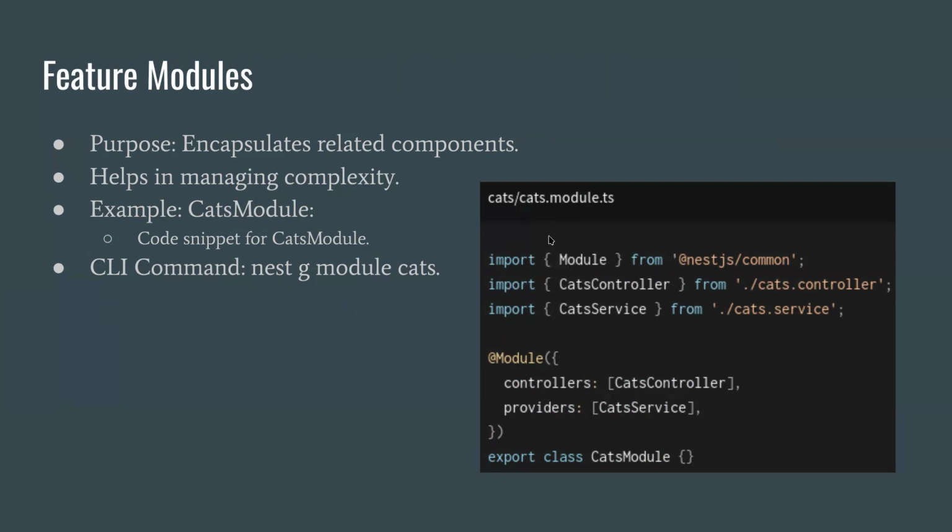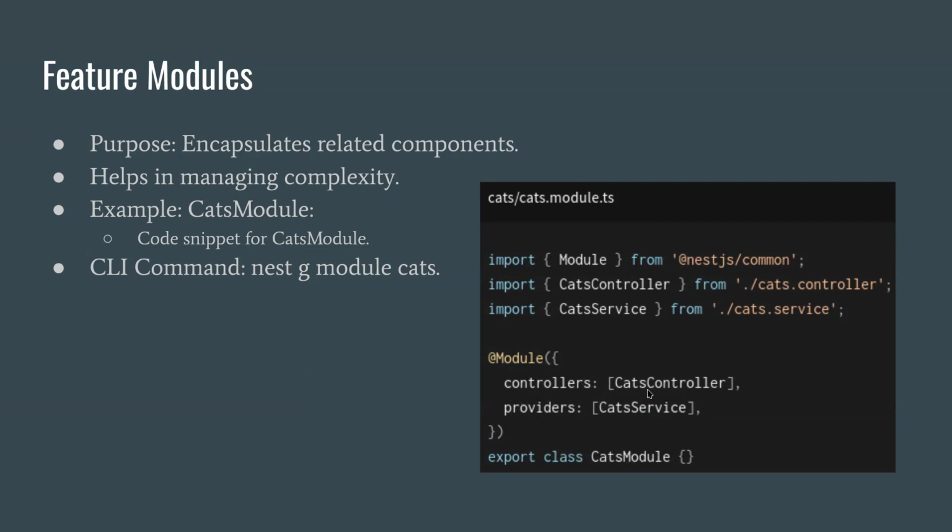this example, CatsModule inside the cats folder, it has a similar structure. It's importing Module from NestJS common, and then it's importing the controller and service from CatsController and CatsService. We have a module decorator in the CatsModule class.